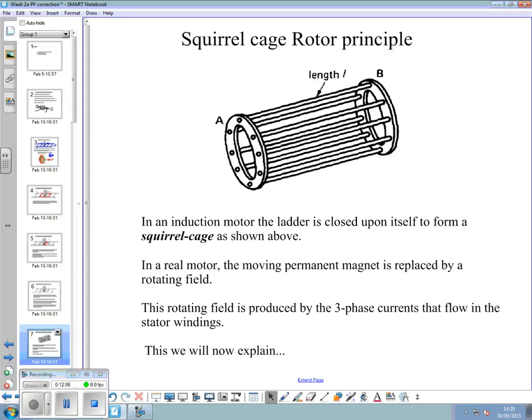So we use a three-phase system that has voltages that peak at different times in the rotating cycle to effectively create a magnetic field that goes around the stator and pulls this cage around. So the field itself doesn't move, but effectively you recreate a rotating magnetic field.